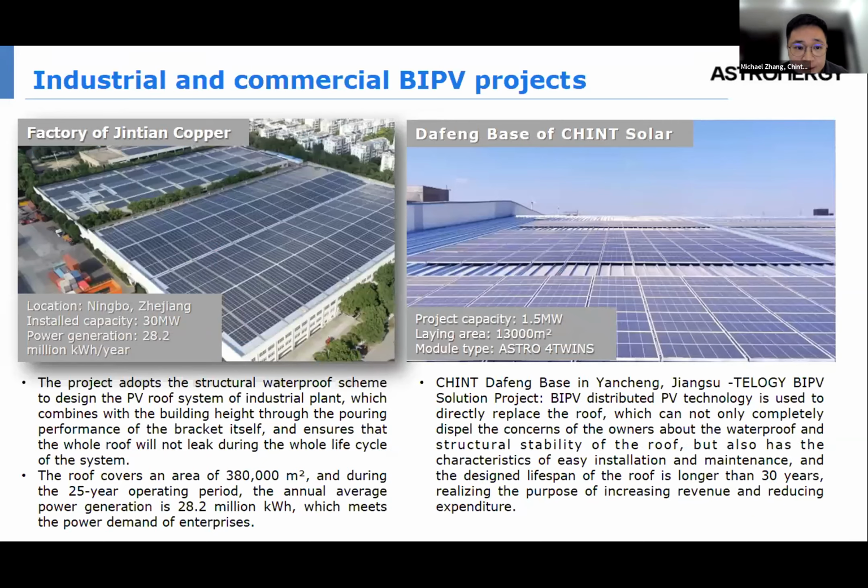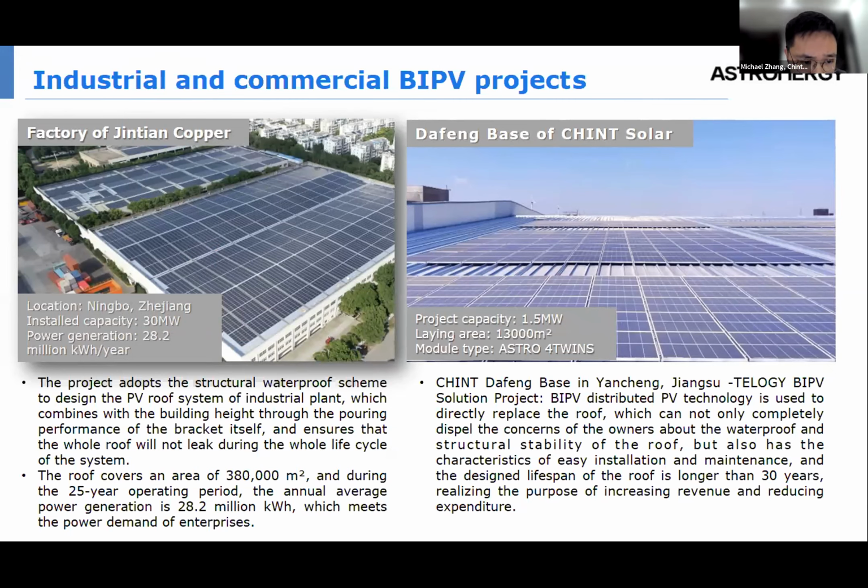These are two BIPV cases. The left one is the factory of Jingtian Copper. For this factory, we have replaced all the rooftop with solar modules. The total capacity is 30 megawatts. The generation is 28.2 million kilowatt hours per year.